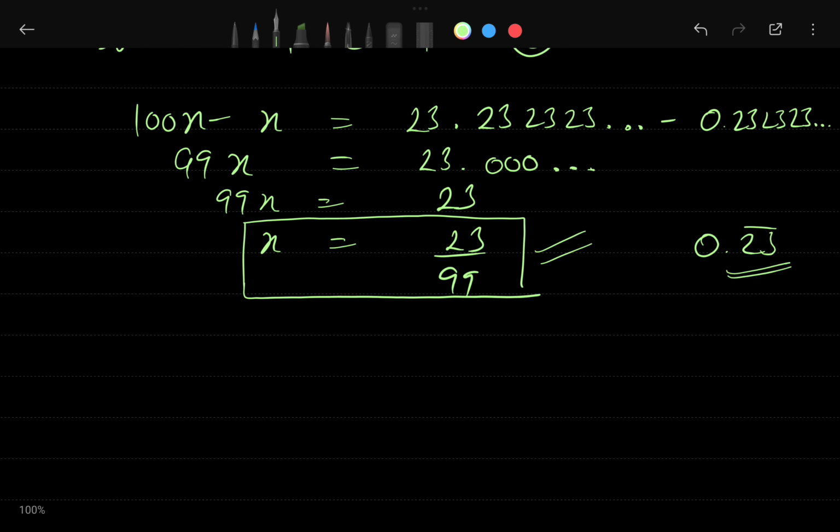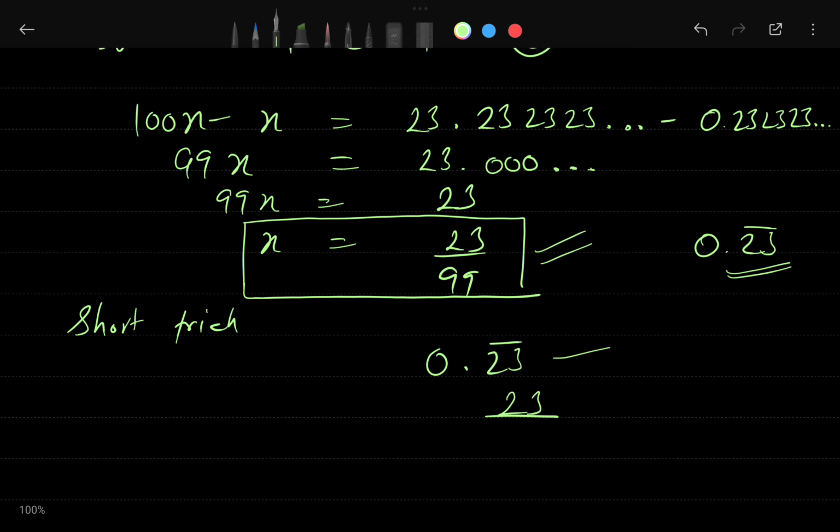Okay, now let's do it using the short trick. In the short trick, what we do is we remove the bar and we write the digits under the bar in the numerator. And this short trick will only work when you have a pure recurring decimal number, pure repeating decimal number. This is pure repeating, so we can use the short trick here.